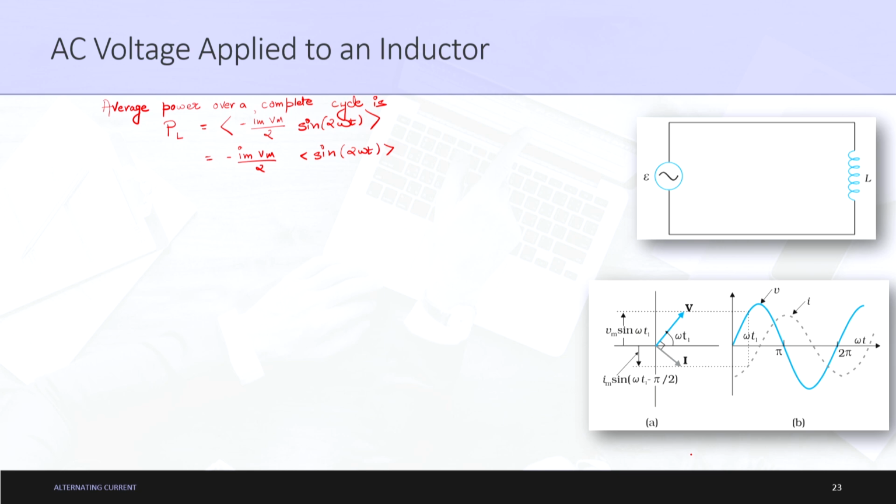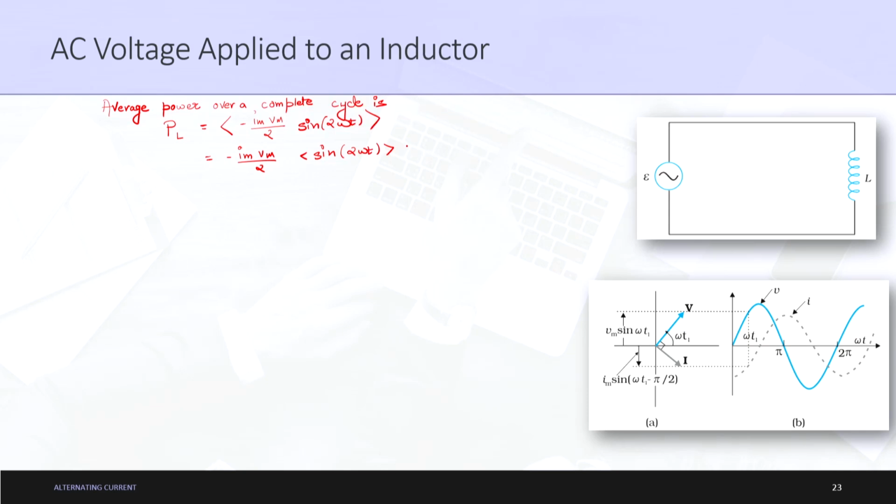When we understood the same concept for AC voltage applied to a resistor, we saw that the average over a complete cycle for sin n omega t or cos n omega t is always 0. Therefore this is equal to 0, as the average of sin 2 omega t is 0. So what we obtained is that the average power supplied to an inductor over one complete cycle is 0.